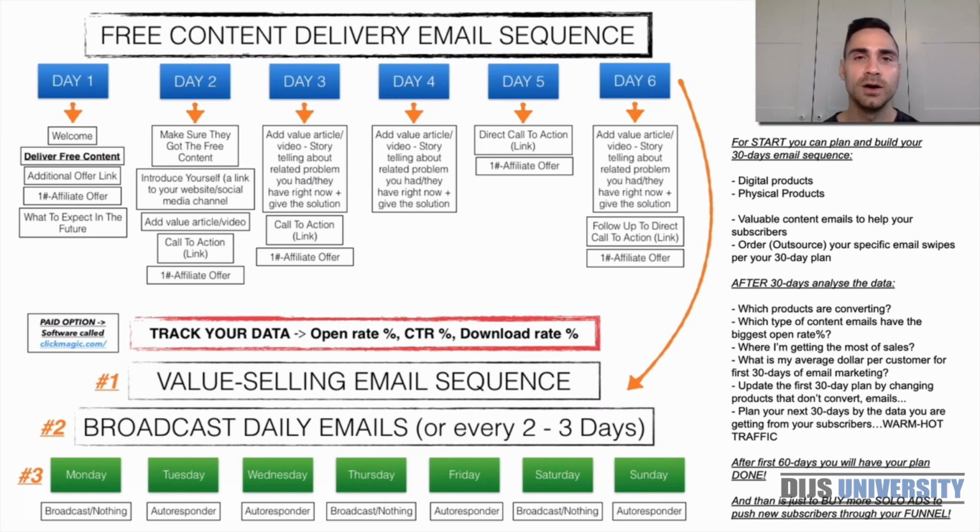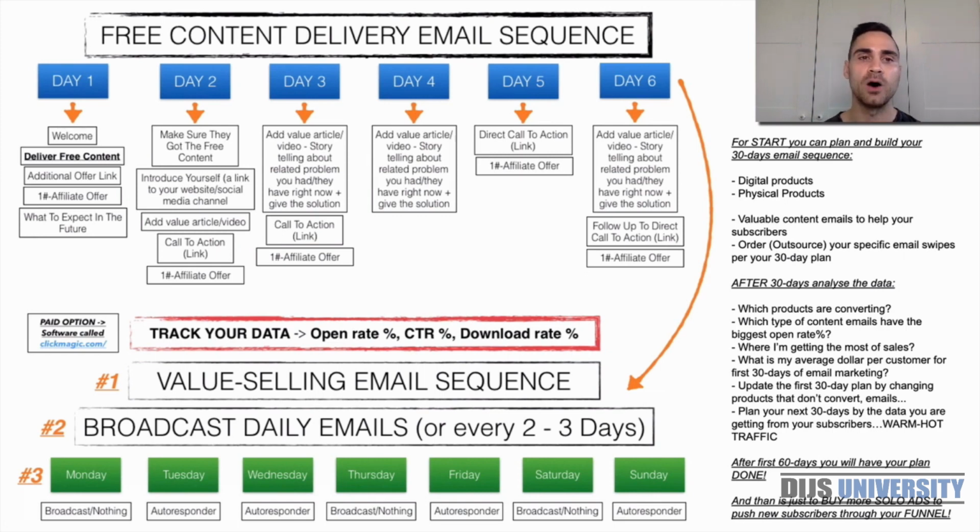One option could be to have a one-page description of your brand, which you can create yourself in software like ClickFunnels, because it has drag and drop elements, and you can create your one-page site to explain your brand and what kind of products you are promoting. Next, add a value article or video and a call to action link to your affiliate offer.